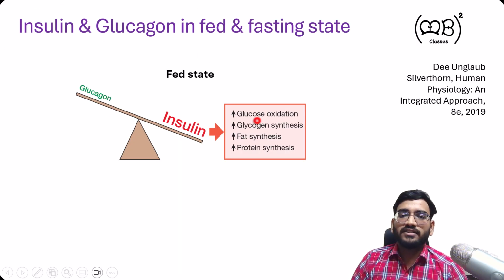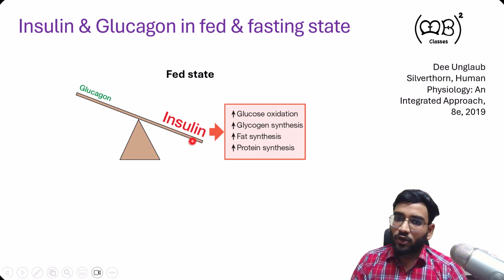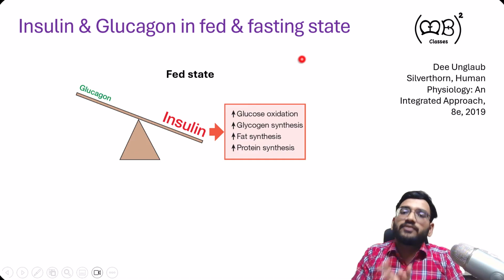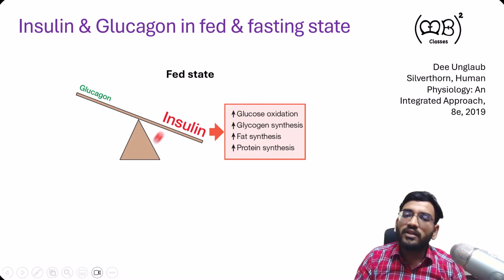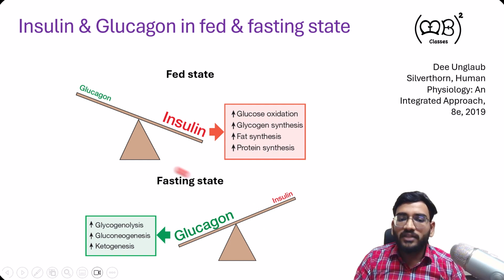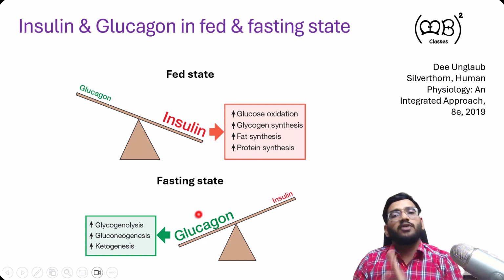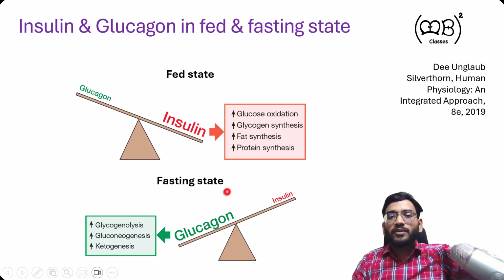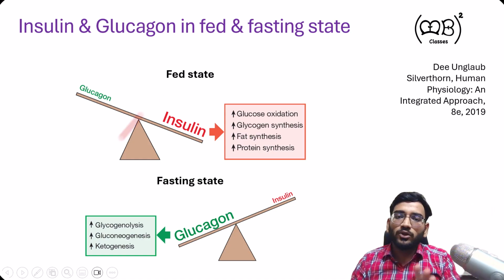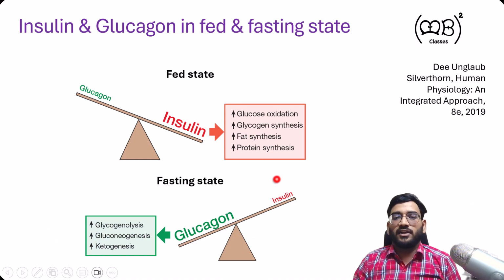So in the fed and fasting state, in the fed state the insulin is the dominant hormone. It will increase glucose oxidation. Whatever pathways were happening in the fed state will be activated by insulin, and whatever pathways were happening in the fasting state will be activated by glucagon. As simple as that. So if you remember most of the pathways, then you don't have to cram anything here.